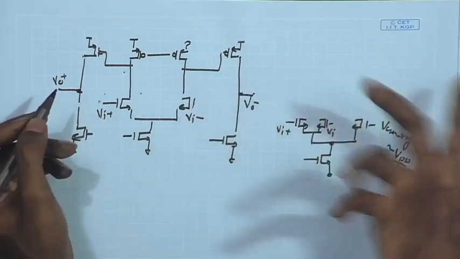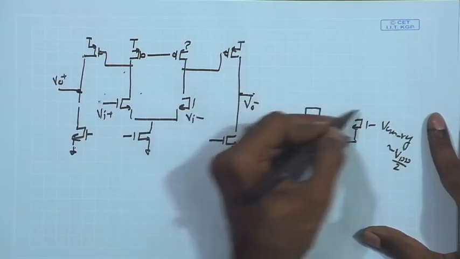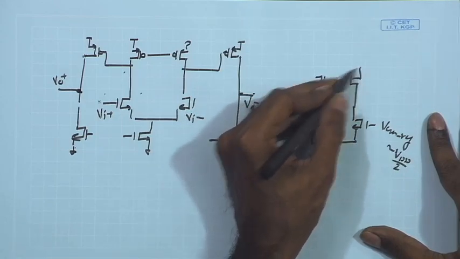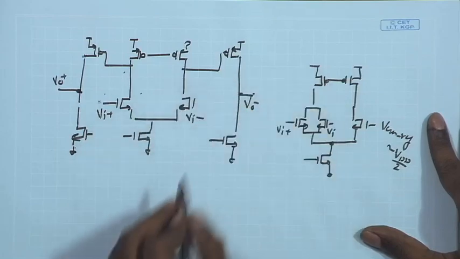I would like the output common mode to be VDD by 2, and then you have, and we had reversed the polarity.